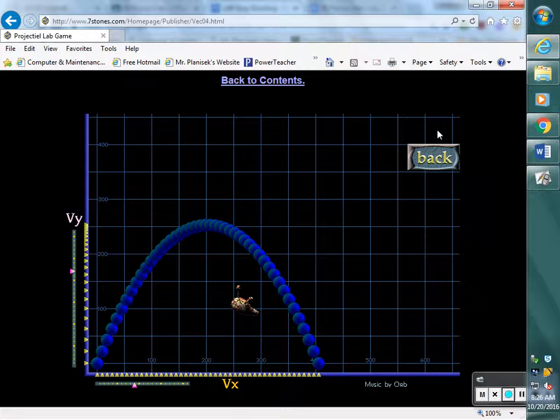They're all about the same, right? Because what's not happening on the x-axis? No acceleration on the x-axis. That motion just continues. Whatever it was doing at the beginning keeps going and going and going.